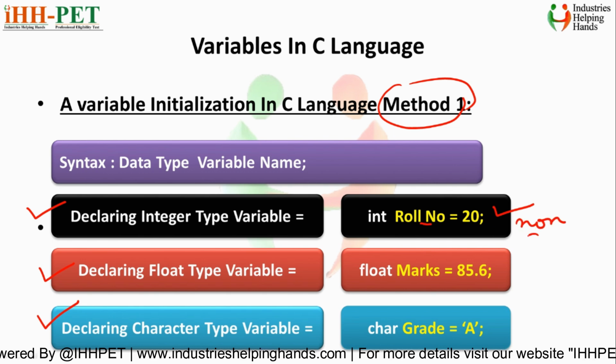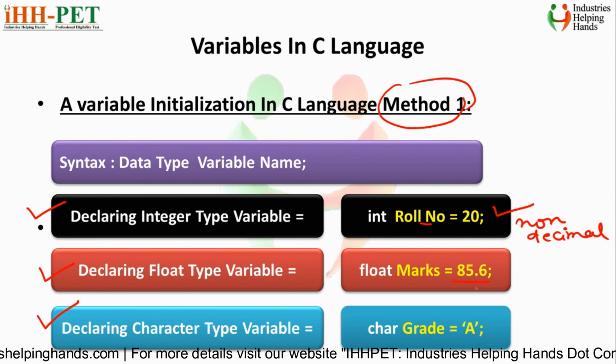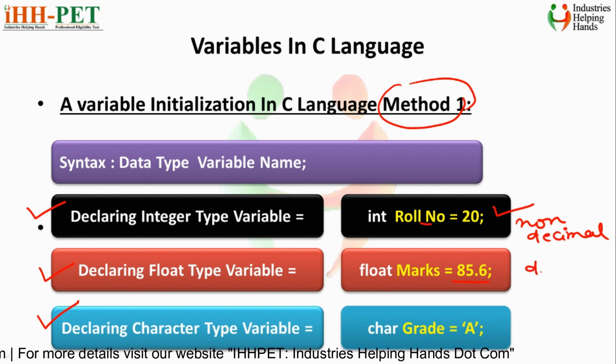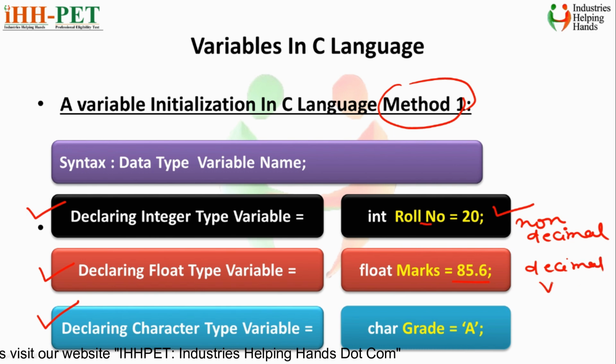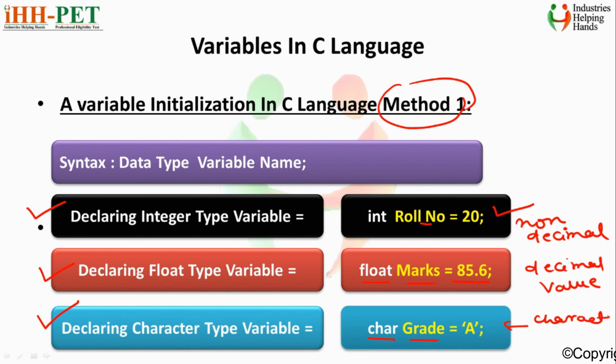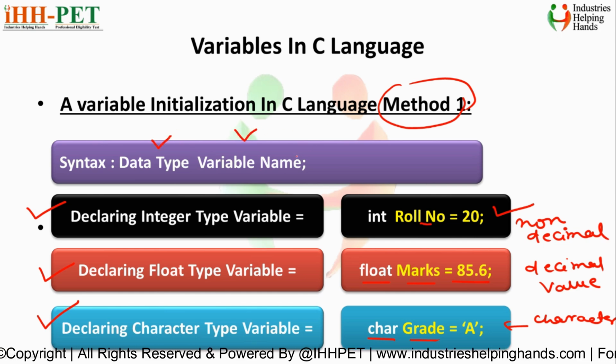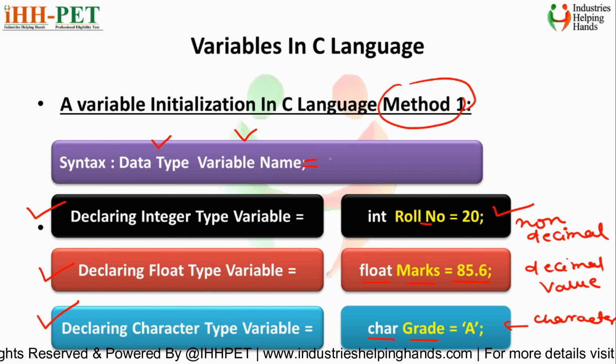A float value contains decimal point values, so this is a decimal value in the case of float. In the case of character, you can see here grade A. This is a character. So you can define and initialize C language variables with this method, using data type, variable name, and value.